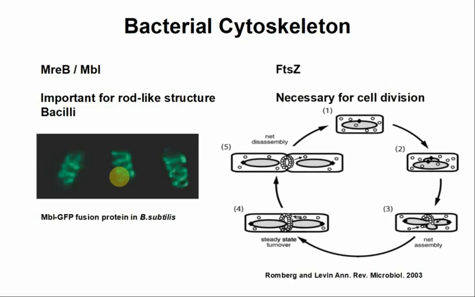Now, the bacterial homolog of tubulin is a protein called FtsZ. Similarly, it can be found in bacteria as a soluble monomer or as a polymer. It's very interesting because its function is to help organize the separation of the bacterial chromosomes and the division of the bacterial cell during growth.